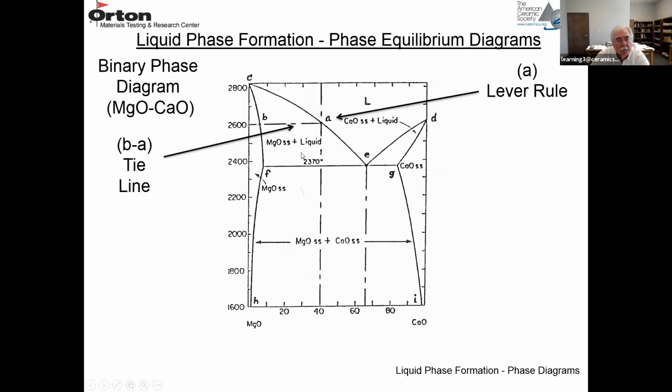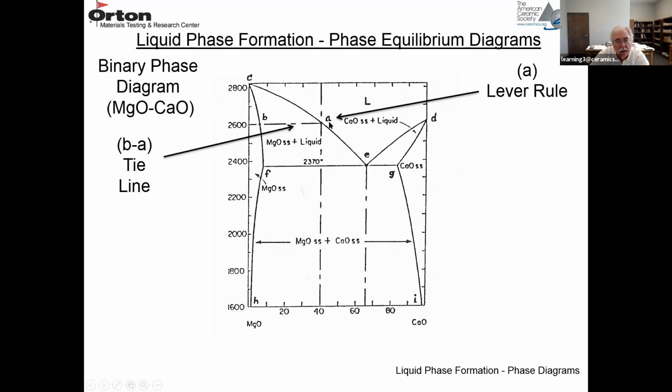You can use something known as the lever rule. If you pick a composition at A here, which is 40% CaO and 60% MgO, you can use the lever rule in this two-phase region to determine how much solid and liquid you have present. Any of these horizontal lines connecting two of these boundaries is known as a tie line.